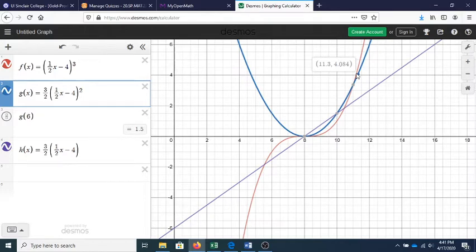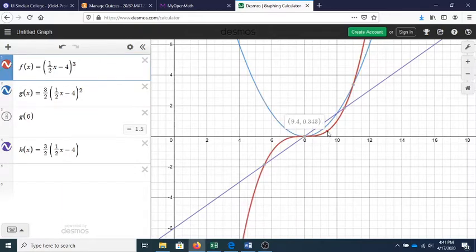Okay? If the slope of the first derivative is increasing, then, so the first derivative is the slope of the original curve, that means that the slope of the original curve is increasing.